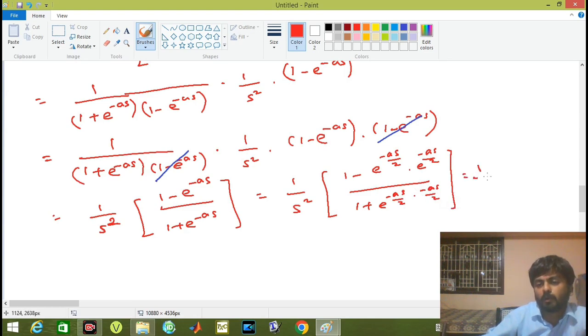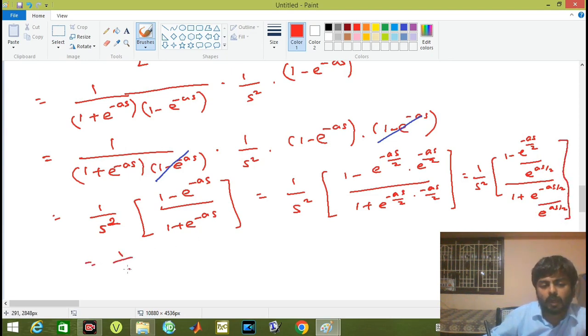So this will become 1 by s square of 1 minus e power of minus as by 2 divided by e power of as by 2, whole divided by 1 plus e power of minus as by 2 divided by e power of as by 2.